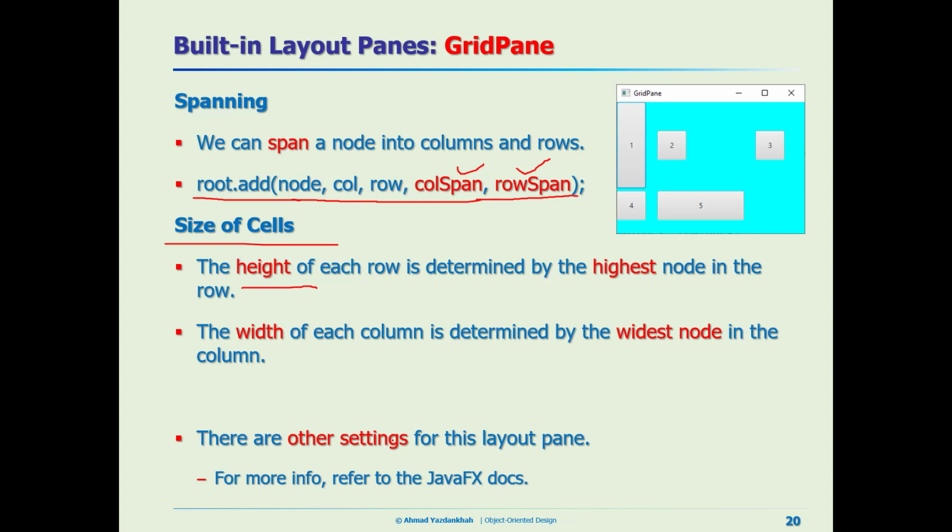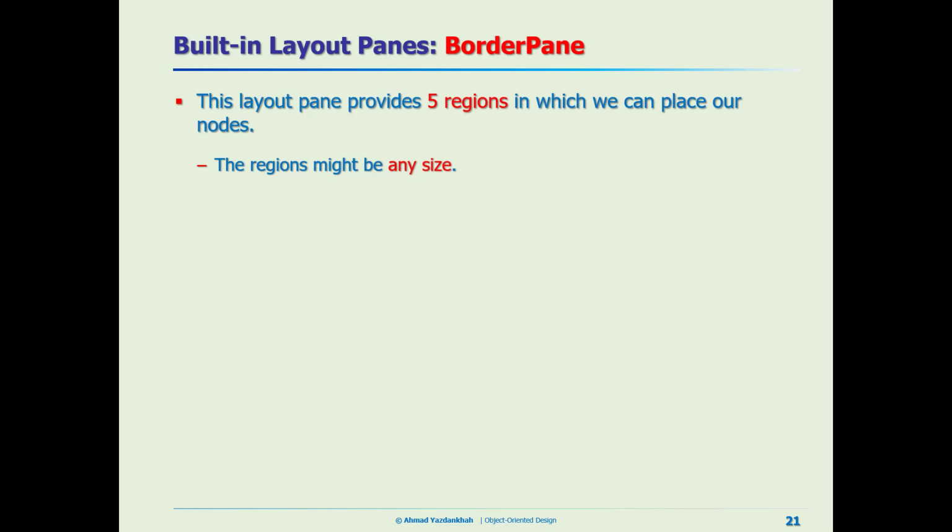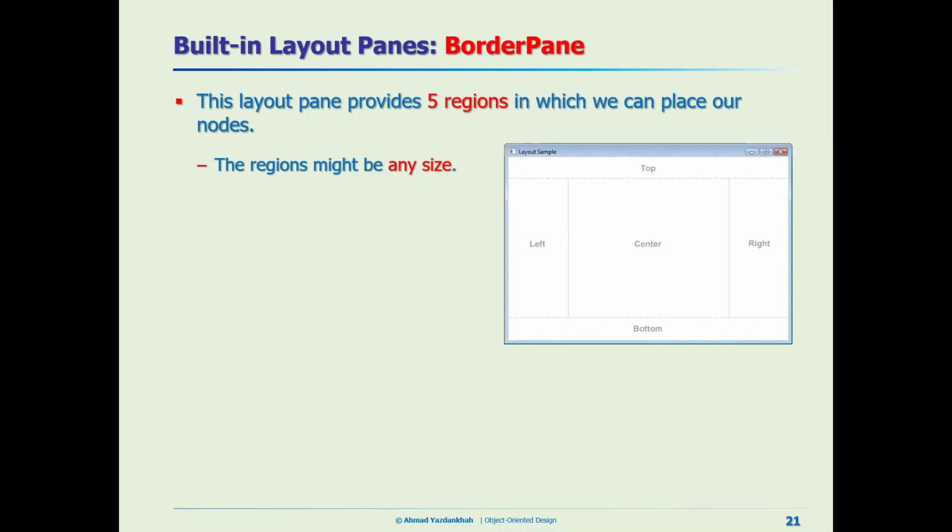Okay, there are a lot of other settings, so I left them for you guys to search and learn by yourself. And our last built-in layout pane is border pane. This border pane has 5 regions, like this: top, right, bottom, and left, right? And these regions can be any size.